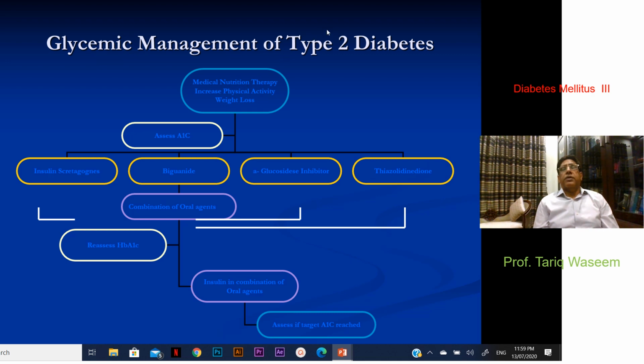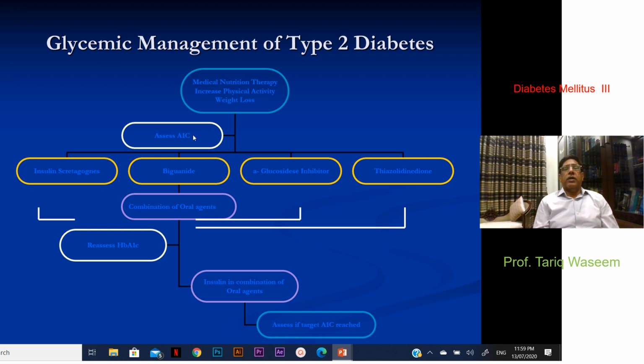So after a patient is diagnosed diabetic, you start from the first component of education, nutrition therapy, increased physical activity and weight loss, and of course you target an A1C level of around 6.5 to 7%, and then you monitor it maybe after 3 to 6 months of this program being started.